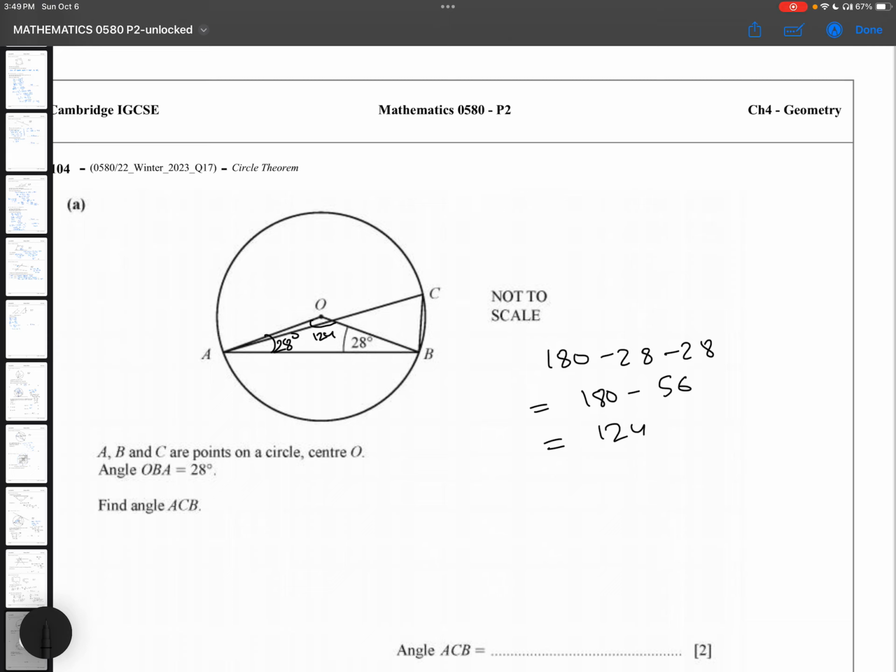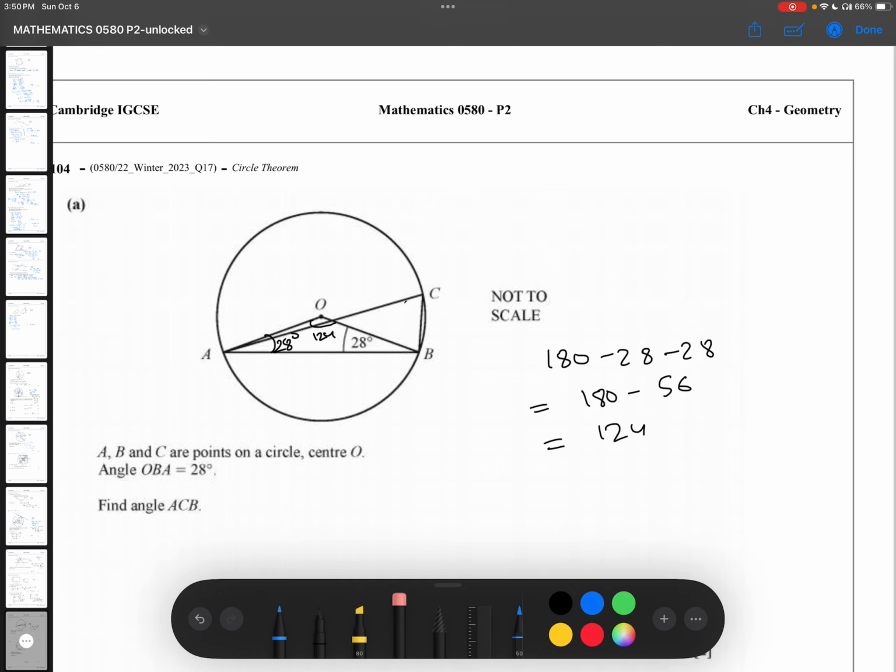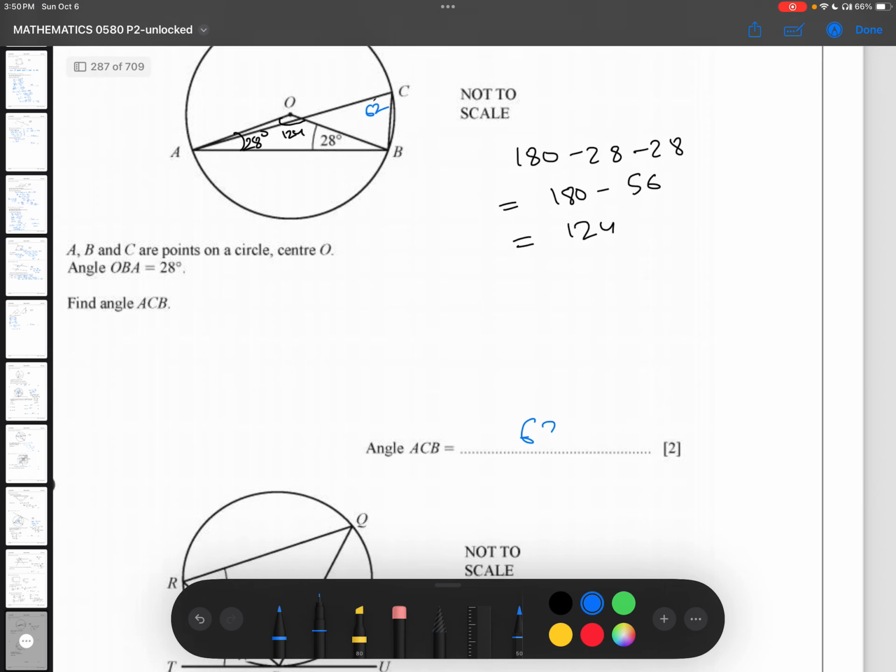So the angle at the center of the circle is twice the angle at the circumference by the same chord, right? So this will be equal to 62 degrees. So angle ACB is 62 degrees.